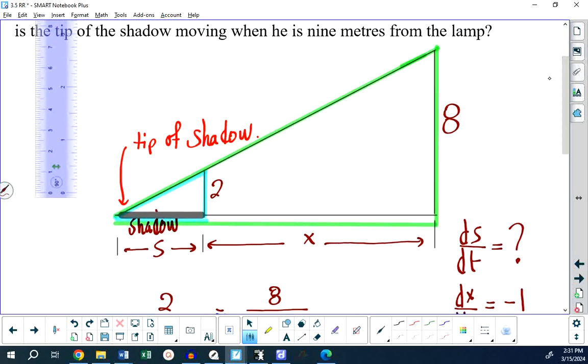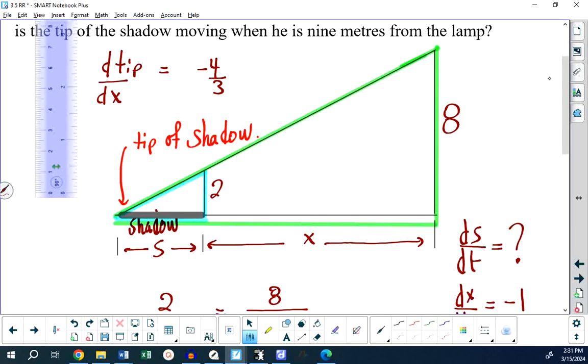I'm just going to throw this out and see to how many of you does it make sense. What is the rate of change of the tip of the shadow? d tip/dt. How many of you know or see that it's -4/3 of a meter per second? Not too many.